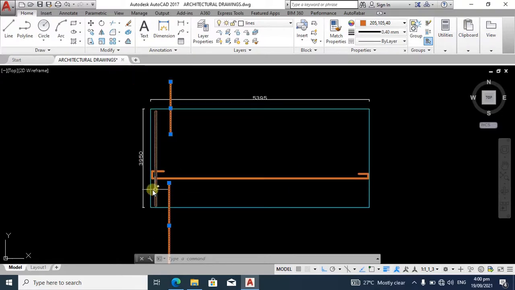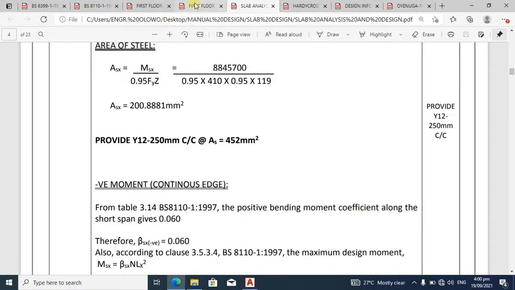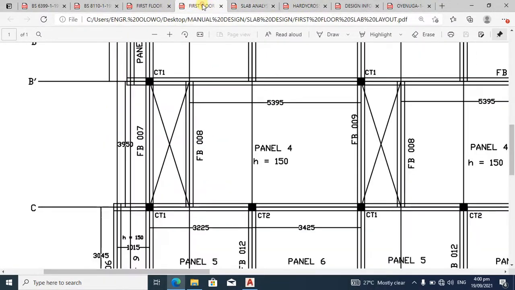We will not have any negative moments around the longer span because along the longer span we don't have any slab here. Let's go to the general arrangement. You can see we don't have any slab here. That means our reinforcement here is going to return. It is not going to continue, and that is why this edge is discontinuous and this edge is also discontinuous.